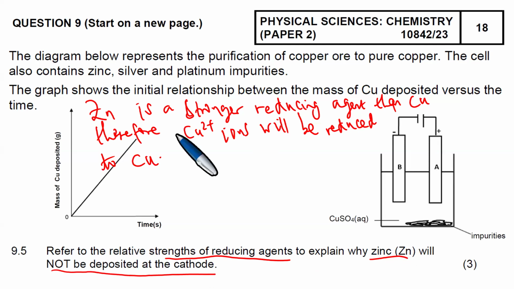Zinc is a stronger reducing agent than copper, and therefore the copper 2+ ions will be reduced to copper.